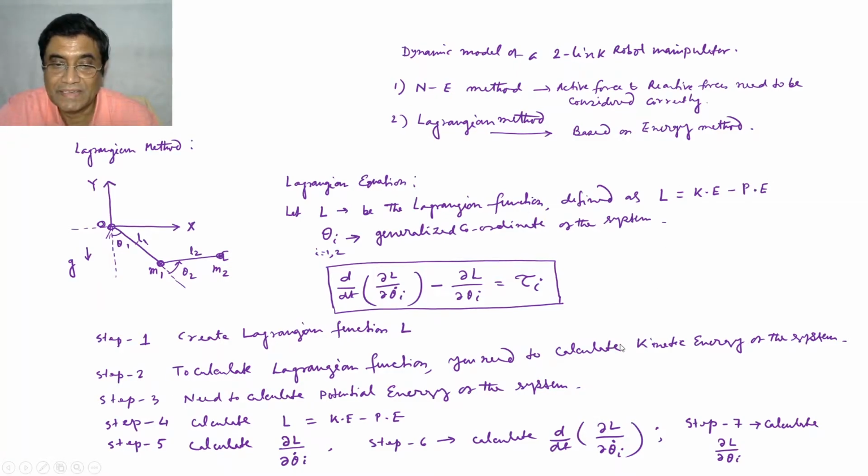Okay, so there are steps. You will have to first make the robot frame of reference, meaning where you can represent the robot. Here we are assuming, again for simplicity, that the entire robot link's mass is lumped at one end.